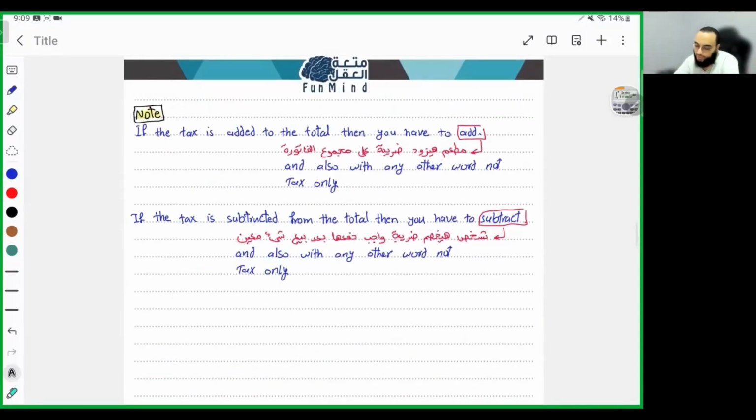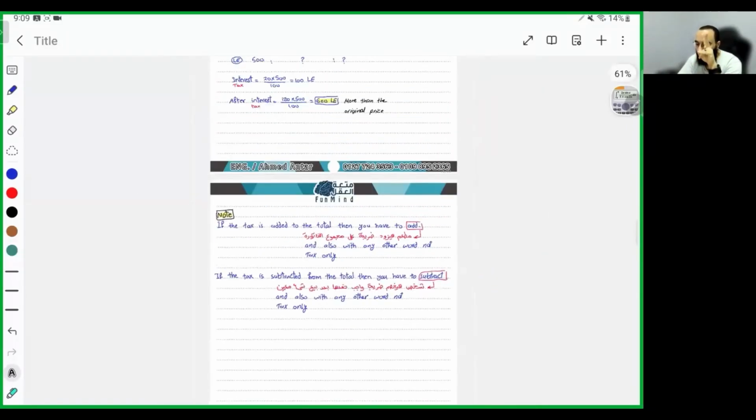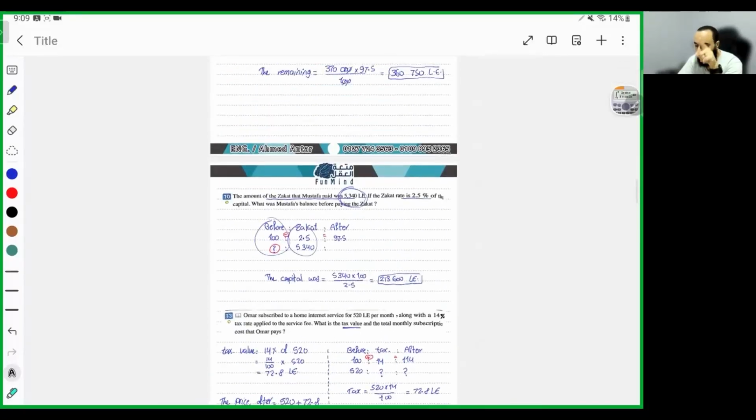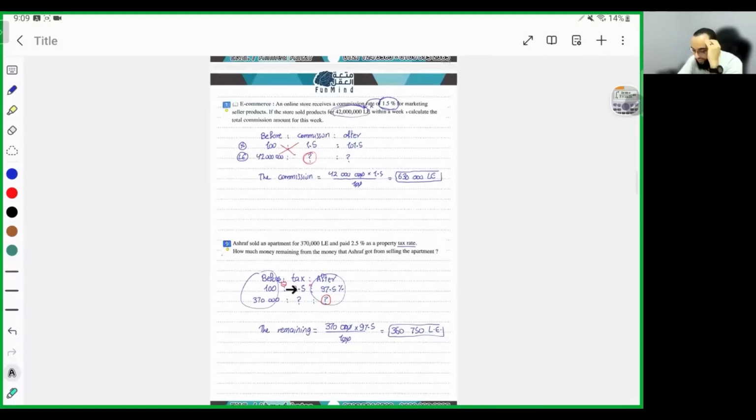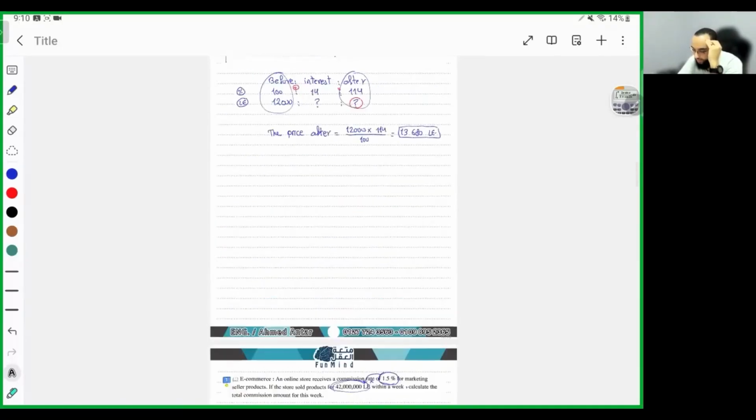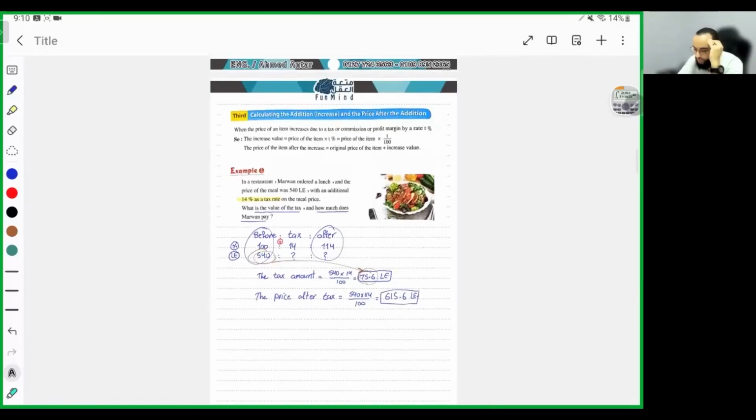But take care, the tax question may be added and may be subtracted. It's according to the meaning of the question. We taught 2 questions on the tax. One we subtracted and one we added. Look here. In this question, it was a tax. We subtracted. Look here. In this question, it was a tax.